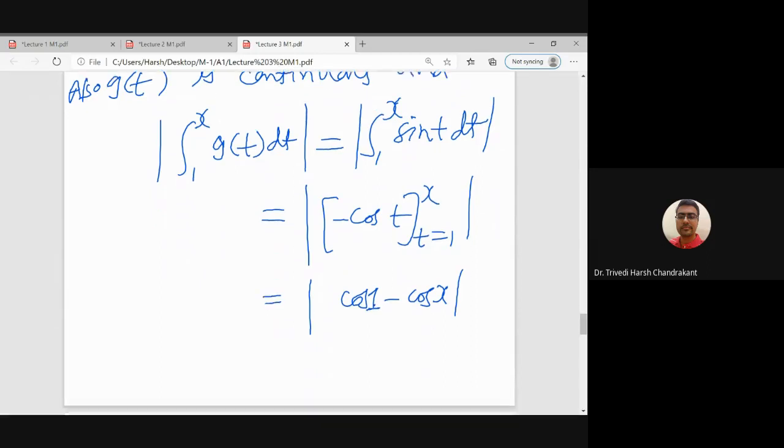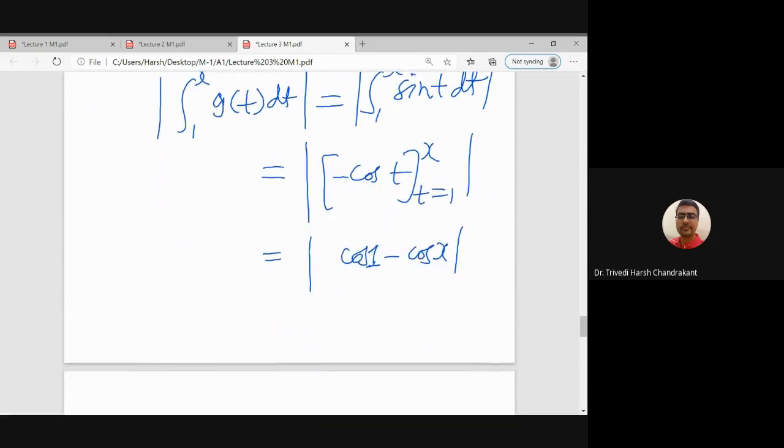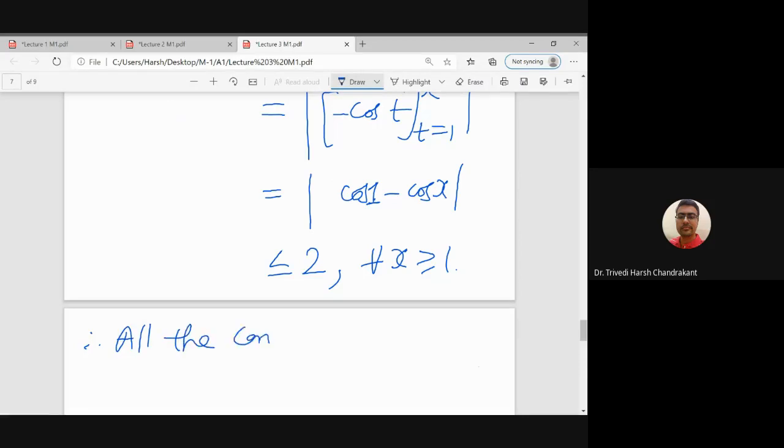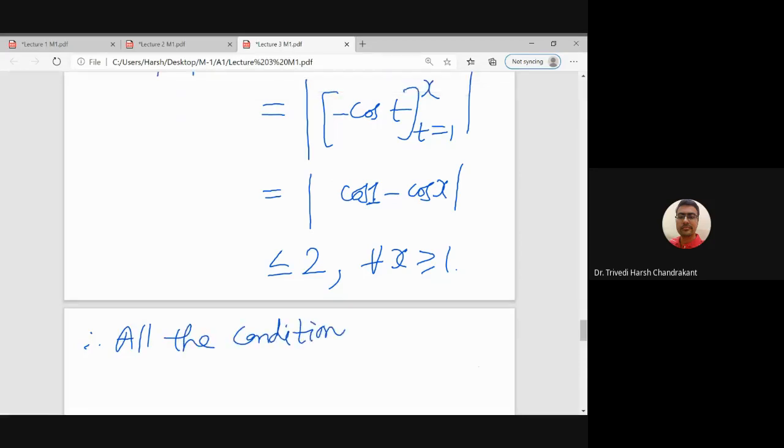And then we can use the triangle inequality, and the cosine function is bounded by 1 in modulus. So this is less than or equal to 2 for all x greater than or equal to 1. Right. So therefore all the conditions of the Dirichlet test hold.